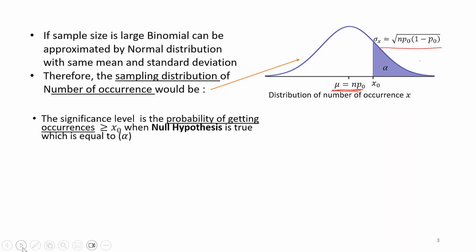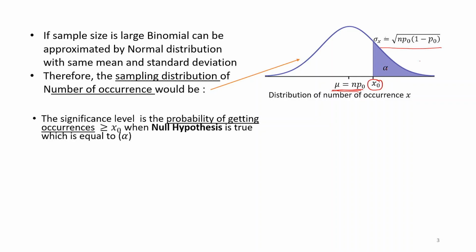The significance level is the probability of getting occurrences greater than x0. So x0 is the number of occurrences of the events that we have observed. So the significance level is that the occurrence will be greater than or equal to x0. That means it is basically the area that is shown in this curve, the shaded area.